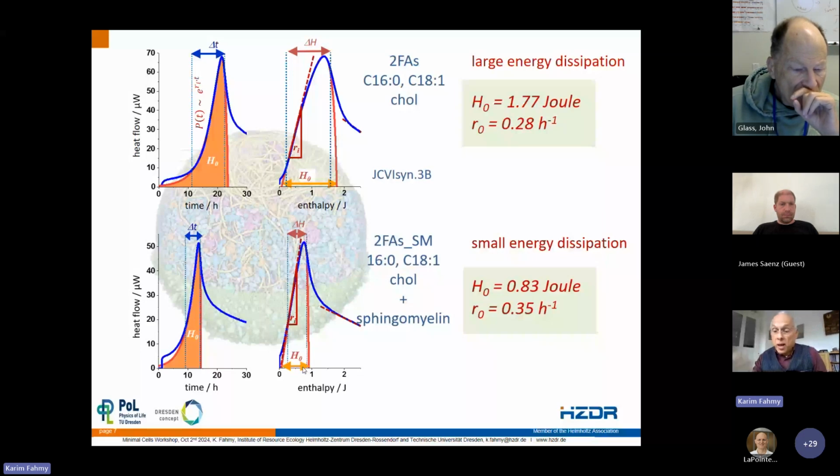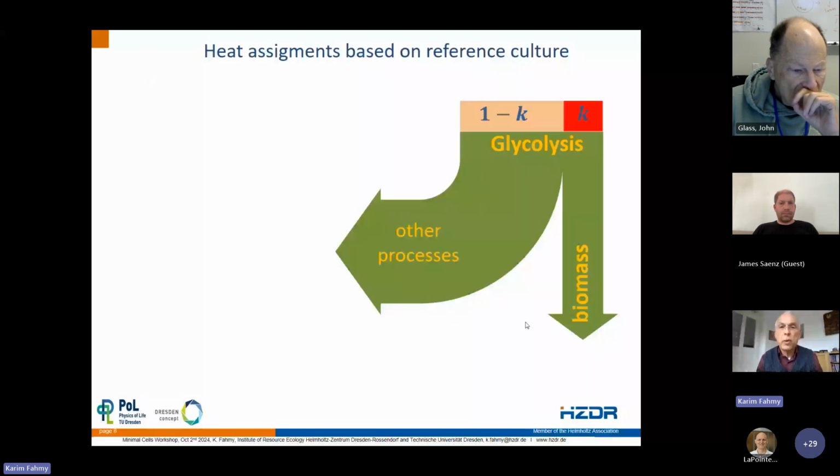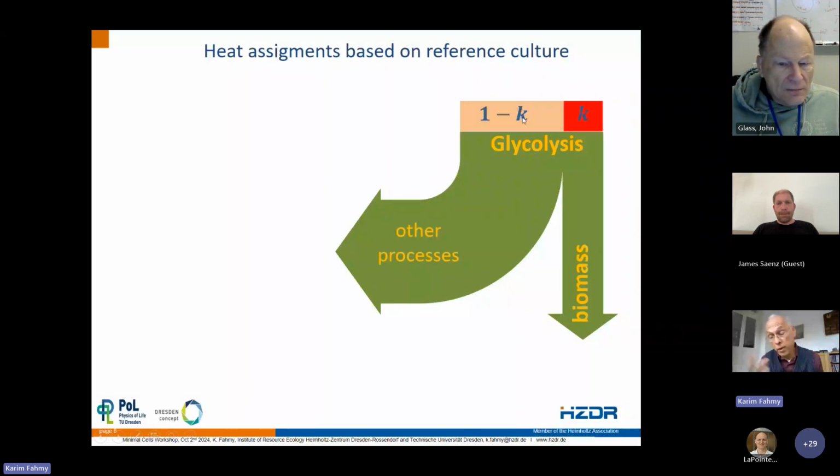So these are phenotypic differences, and we have done this, of course, with the purpose to assign contributions. So why is one culture producing more heat than the other in response to lipid composition? So our idea was there must be fractions of the nutrients that go into biomass and other fractions that go into other processes.